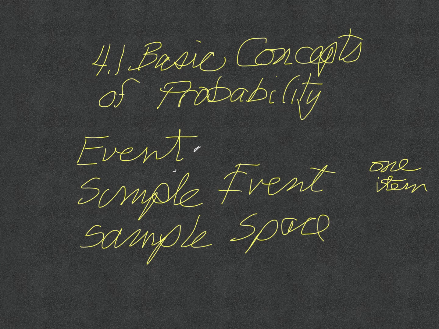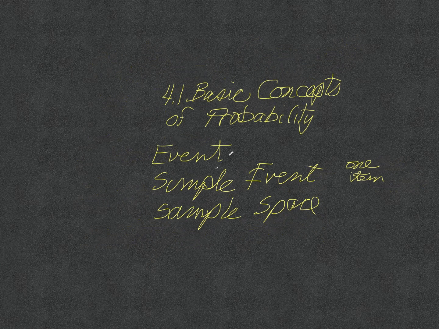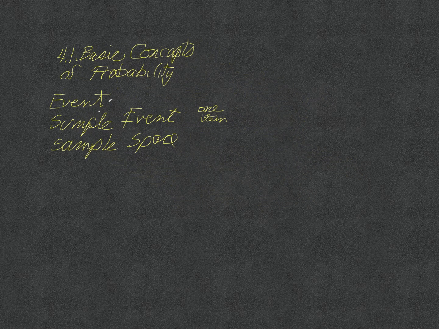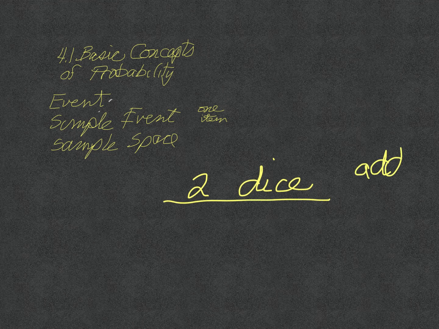Probably the easiest way to understand it would be if you roll two dice. If I roll two dice, what I want you to do is add the dice and list the outcomes in the event.